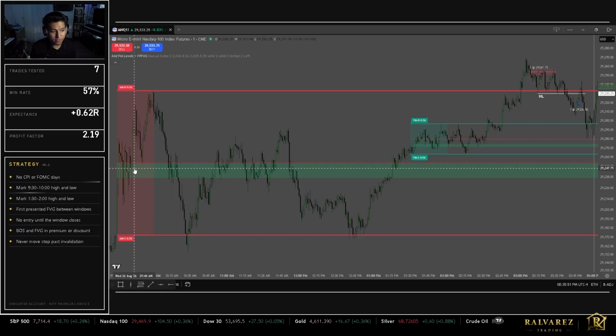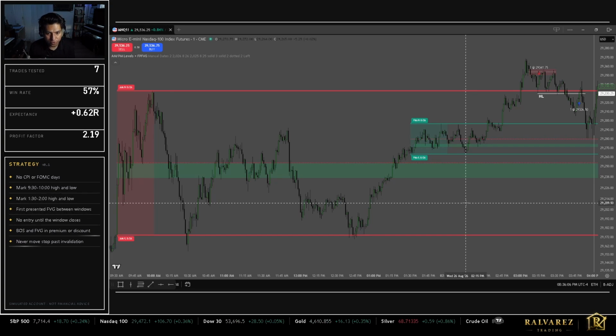We have the first presented fair value gap, whether bullish or bearish. And then we have the PM session, same concept: the high, the low, 50%, and first presented fair value gap. I use these as levels to understand where price is most likely to go, whether it's resistance or support.